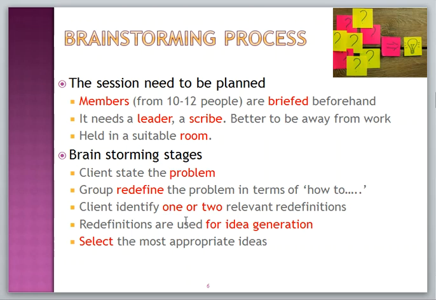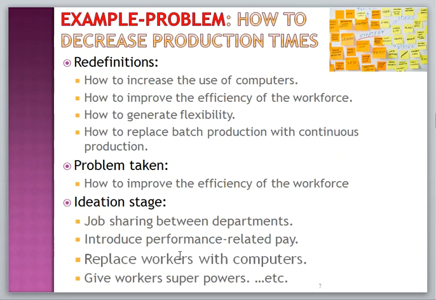Then the client identifies one or two relevant redefinitions, and after we select one of the redefinitions, that means that we have a problem here, we begin to find ideas for solution. So we select the most appropriate idea and we evaluate it, and then we move to the next stage in the creativity problem solving process.